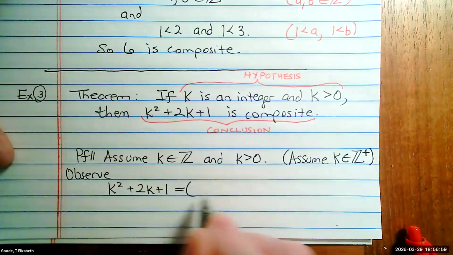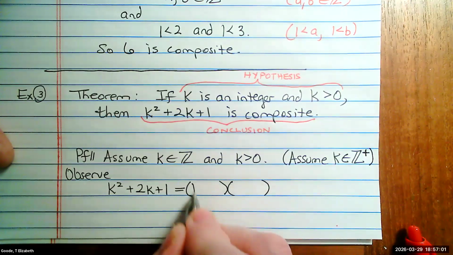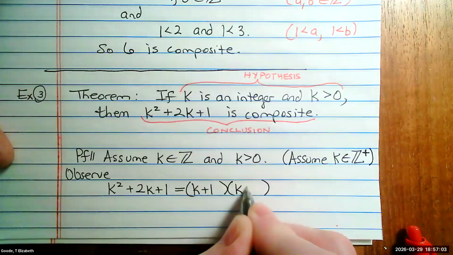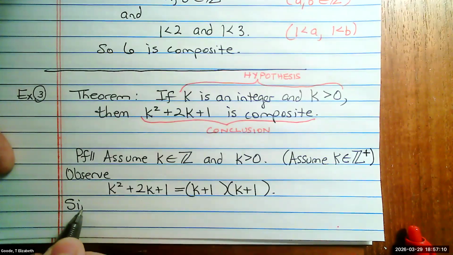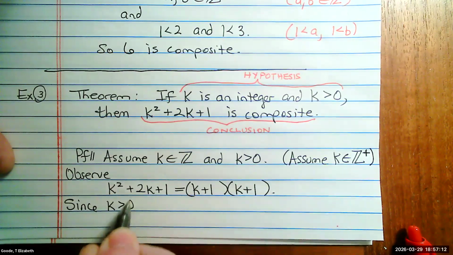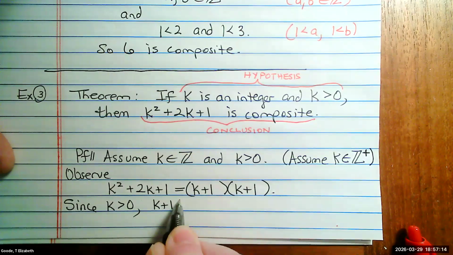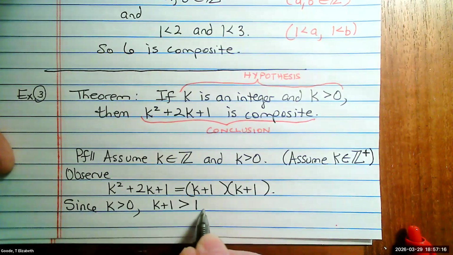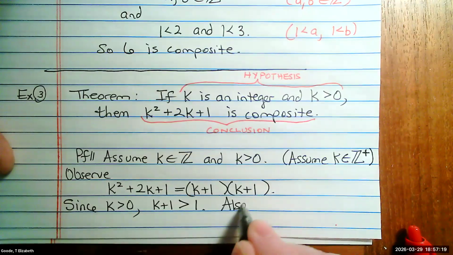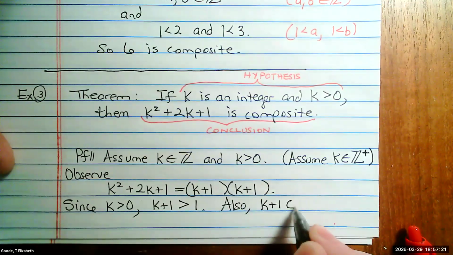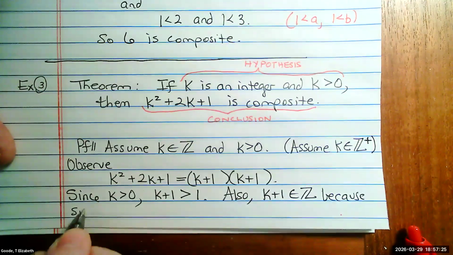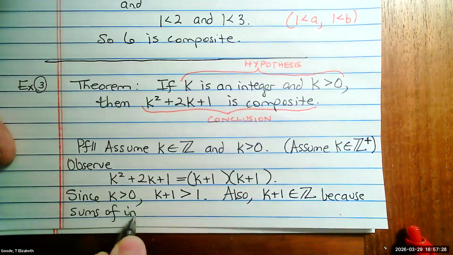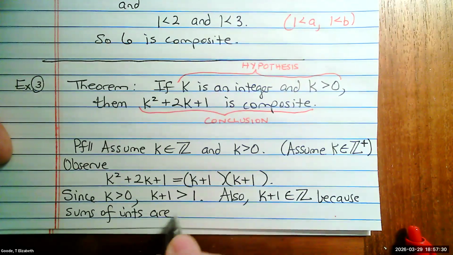Well, you have to be able to factor. It's k plus 1 times k plus 1. And because k is greater than 0, k plus 1 is greater than 1. Also, k plus 1 is an integer because sums of integers are integers.